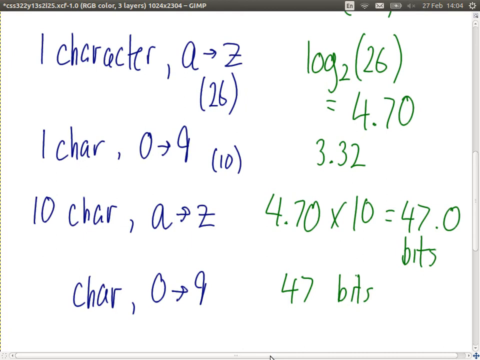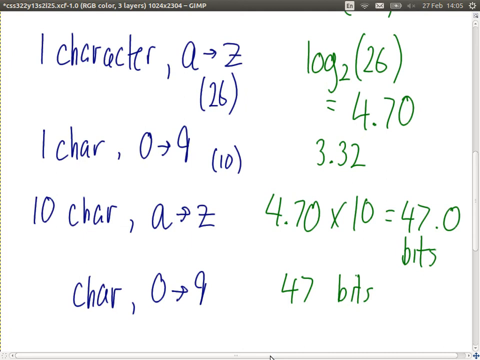How long should your password be such that we have about 47 bits in length? About 14. Let's look.